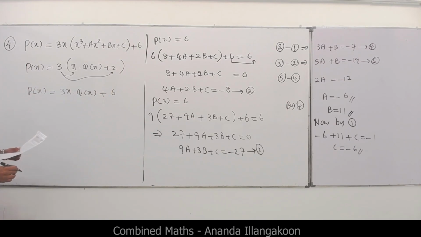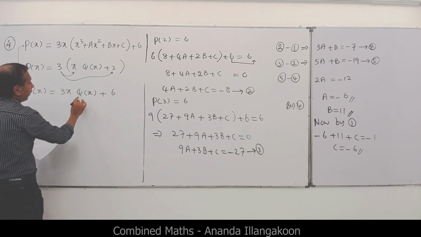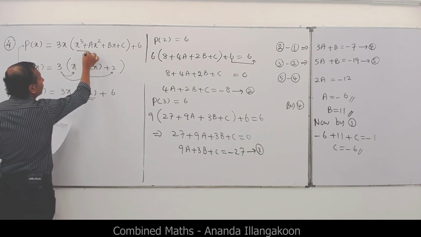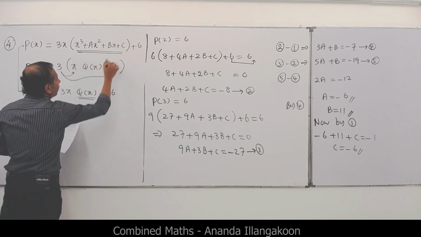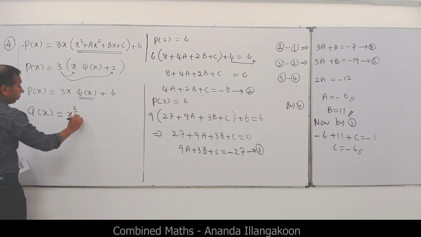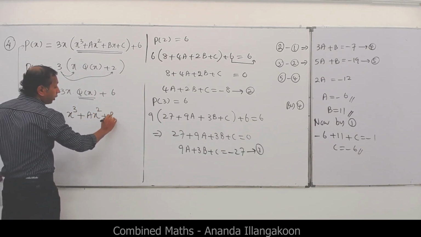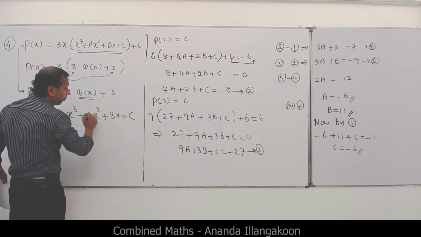Correct? Then when I compare these two, you can very clearly see our qx function should be this thing. Therefore, qx function is equal to x cube plus ax squared plus bx plus c.